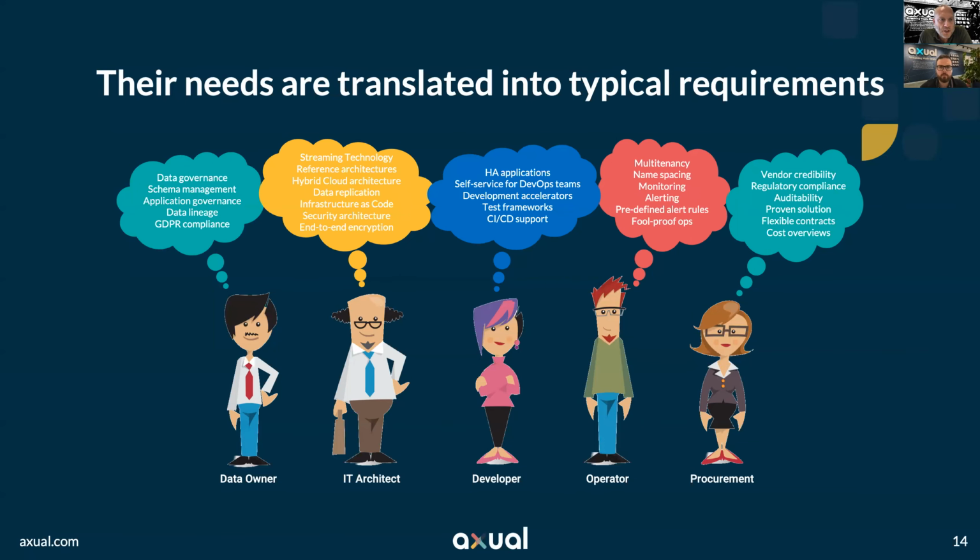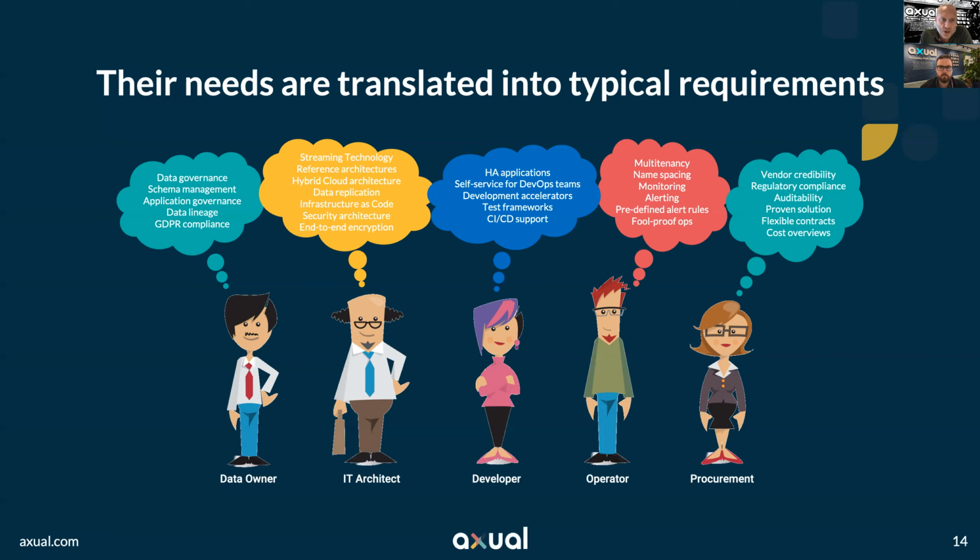If you explode all of these needs into typical requirements, you get lists like this. So a data owner would be looking for features like data governance, for lineage, for GDPR compliance. Architects would be looking for a security architecture, for data replication, hybrid cloud solutions.